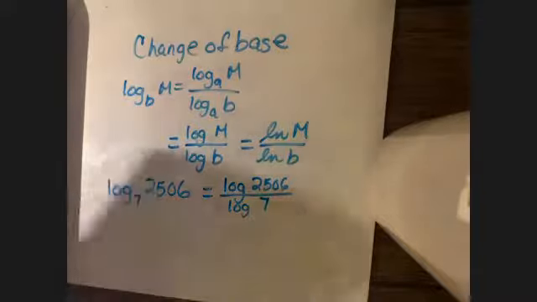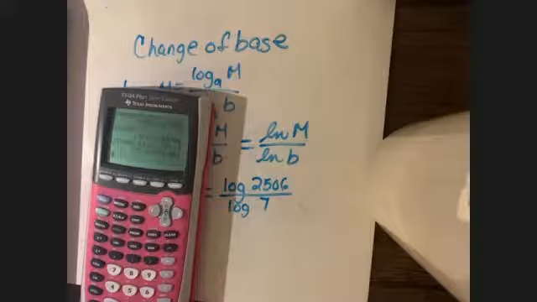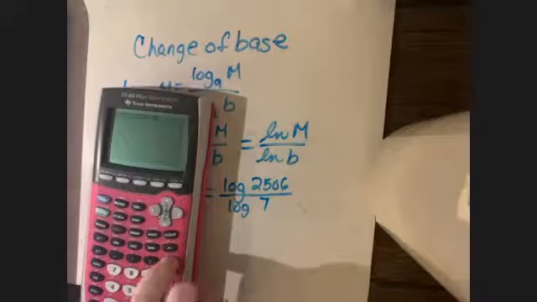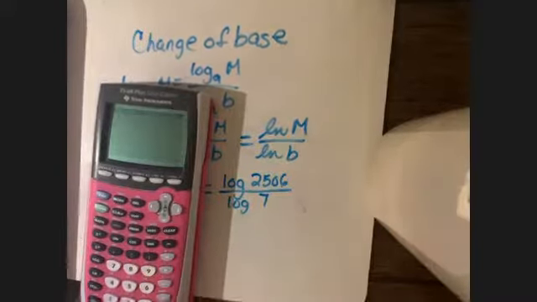Now, moving into a calculator for this. This is where closing your parentheses is super important. So I'm going to press the log button, and I'm going to put in 2506, and I'm going to close that set of parentheses. And then I'm going to hit divide, and I'm going to do log 7, and I'm going to close that set of parentheses.